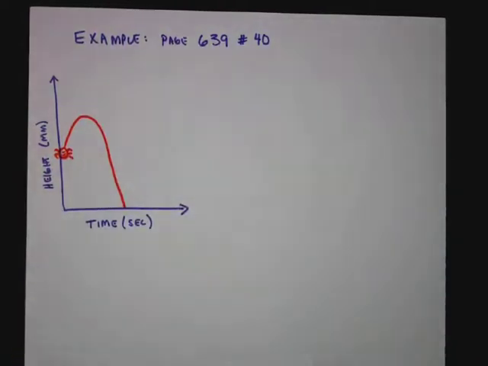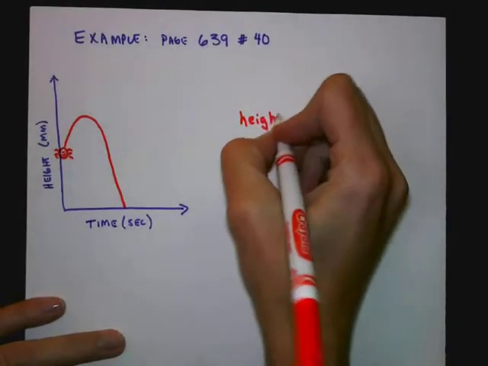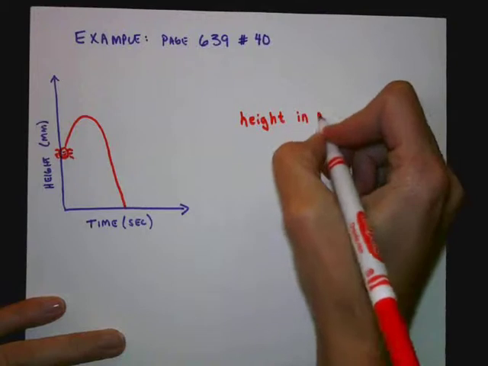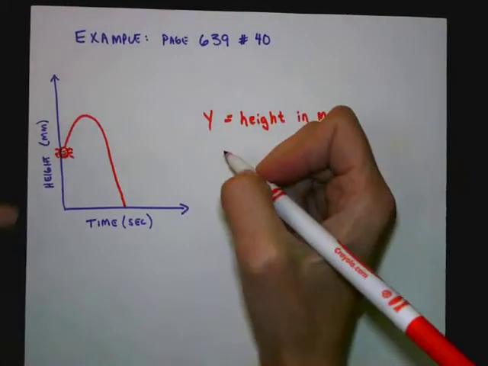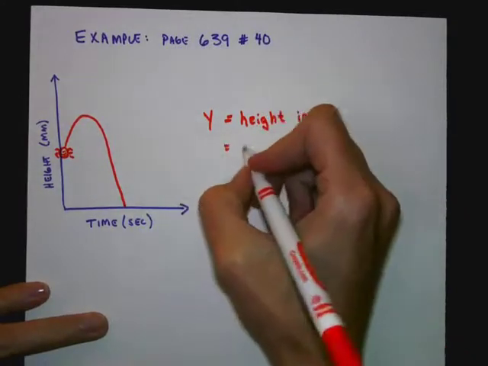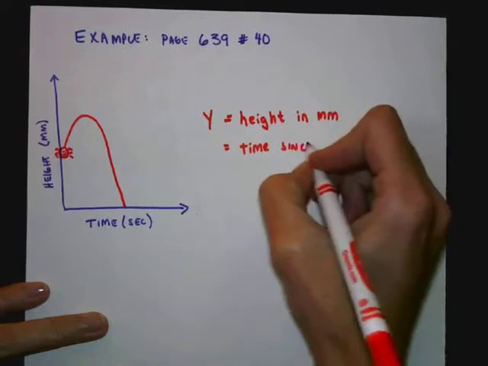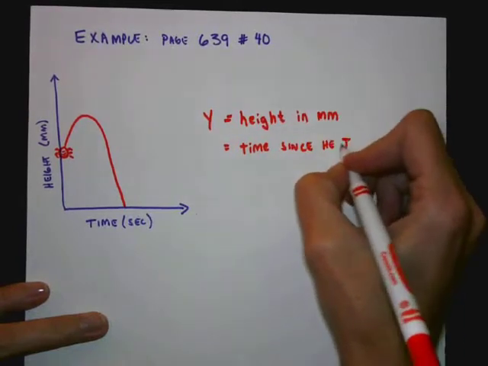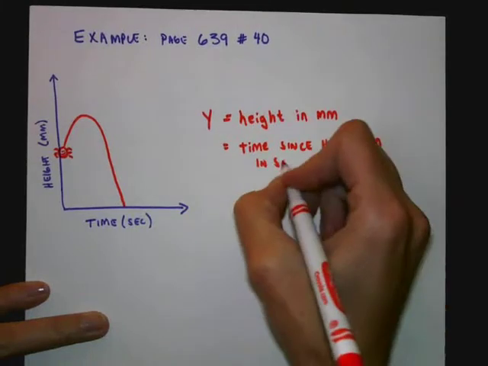It tells us in the problem that we have an equation that's going to relate his height in millimeters, and we're going to track that using the variable y, which is why height in millimeters is along the y-axis, and the time since he jumped, in seconds.